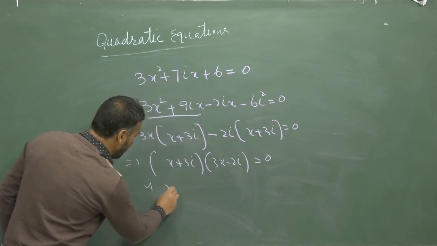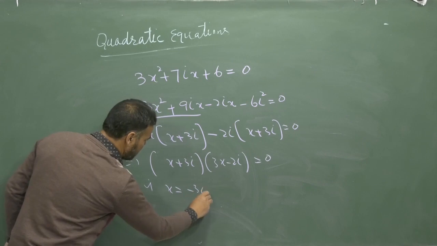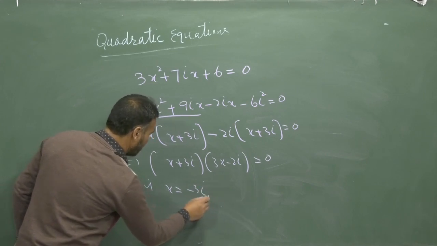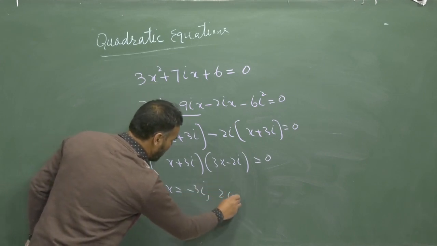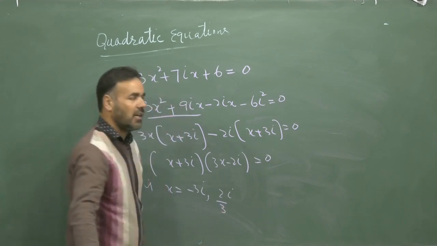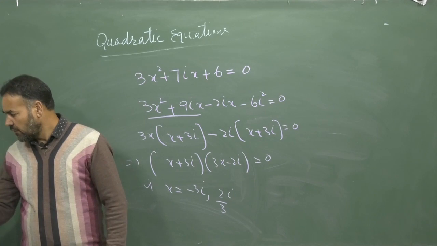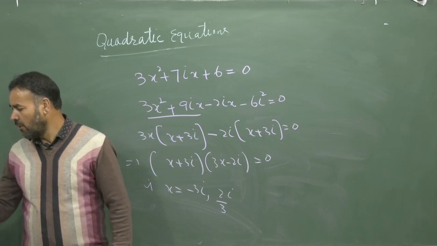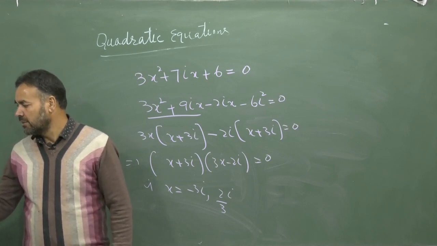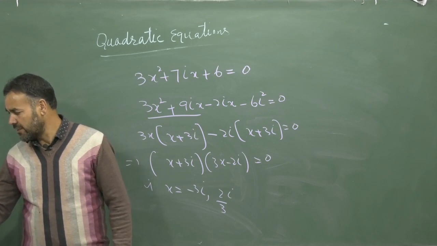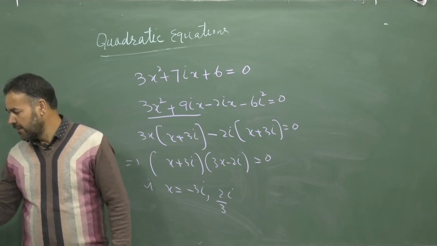This indicates that x will have two roots, that is minus 3 iota and 2 iota divided by 3. These are the two roots of this equation. So this was all about how we can find the roots of a quadratic equation having the complex part.